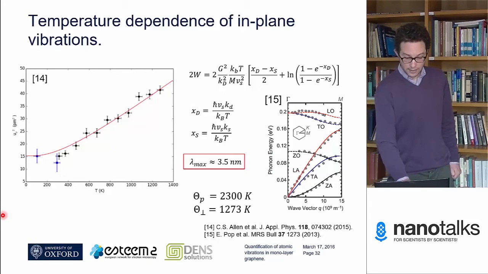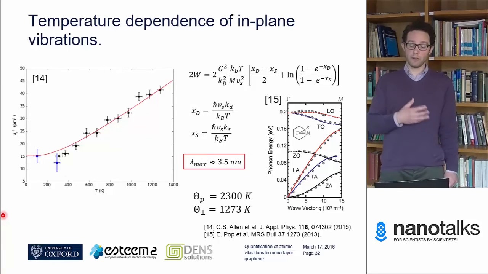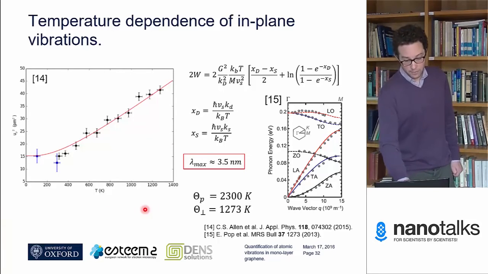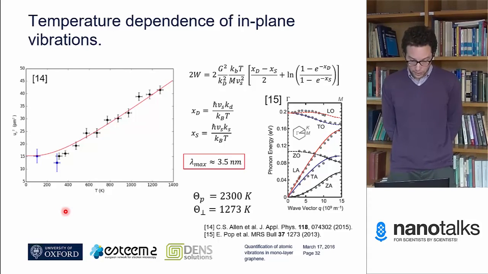So we can now plot the mean square atomic displacement that we extract from our diffraction data as a function of temperature over a wide temperature range. The blue data was taken with a homemade cooling holder, and the rest of the data was taken with the Debye-Waller heating holder.